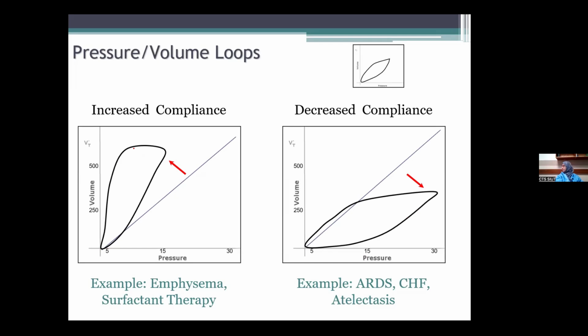And this is seen in cases where the patient is suffering from emphysema, or even after therapy with surfactant, you can appreciate this change in your patients. Similarly, for patients who are having decreased compliances, such as ARDS or congestive heart failure, this is the sort of graph that will be seen.